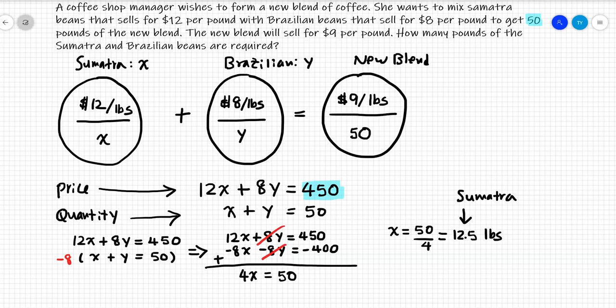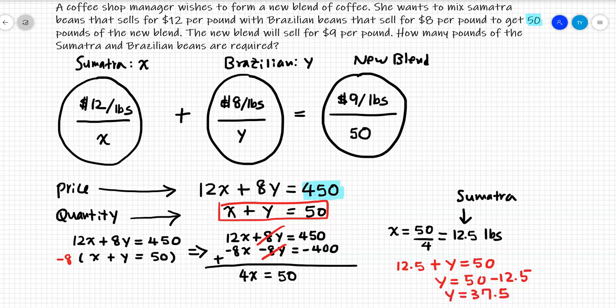Now we need to find the Brazilian, right? But we know that we can use the x plus y equals to 50. So let's plug that in. So x equals 12.5, so 12.5 plus y equals to 50. So y equals to 50 minus 12.5, and y is going to be what? 37.5, and this is going to be our Brazilian blend.